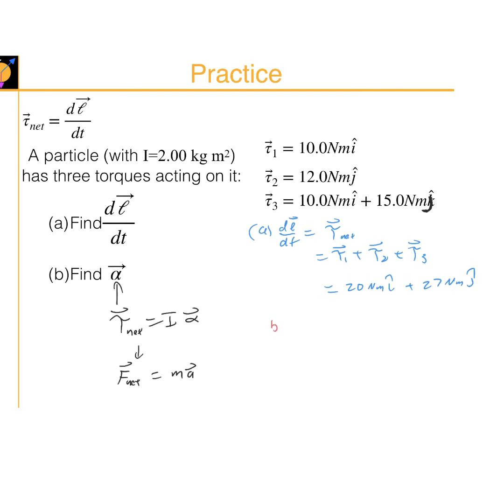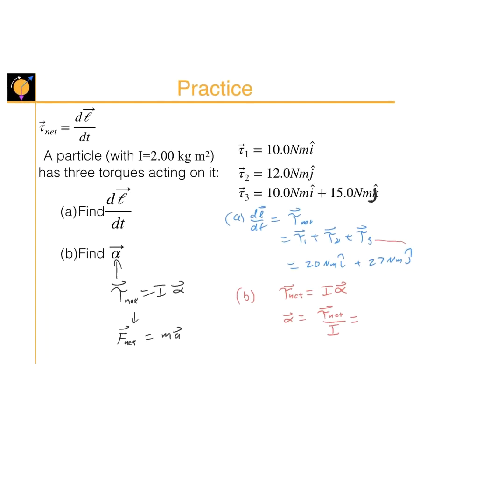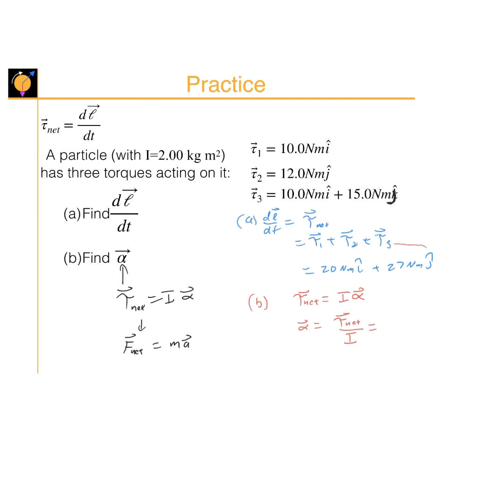Now for B, we want alpha, right? So we have that net torque is equal to I alpha vector. So alpha vector is going to be equal to the net torque divided by the moment of inertia. Given that our moment of inertia is 2, we just divide the net by 2, and that's our angular acceleration vector, which will have units of radians per second squared.